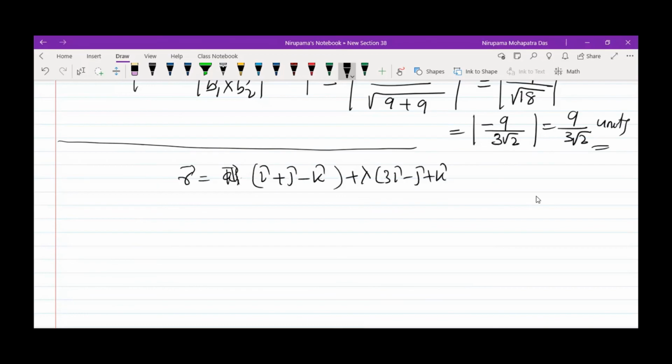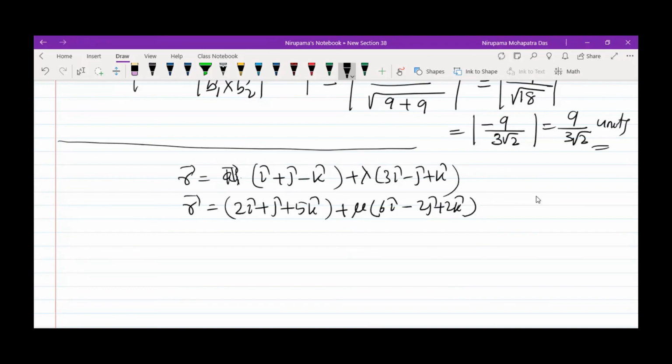Another line may be r equal to 2i plus j plus 5k plus mu into (6i minus 2j plus 2k).